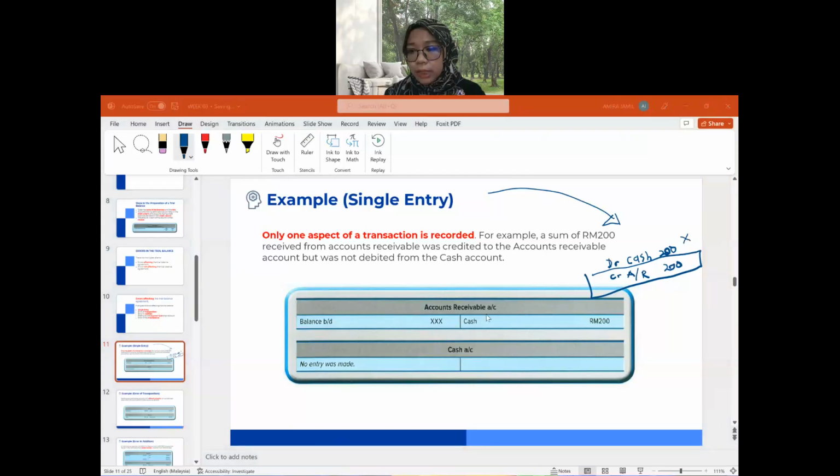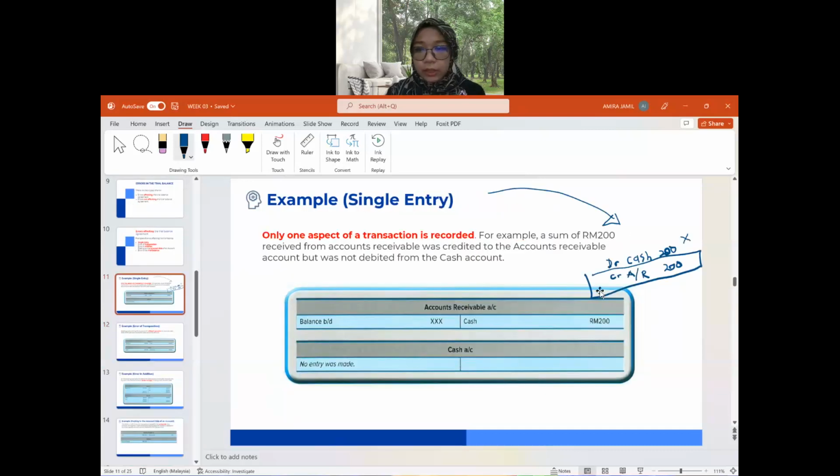So that's why it's one of the errors. When you make this type of error and prepare your trial balance, debit and credit will not balance, because you only recorded one side.